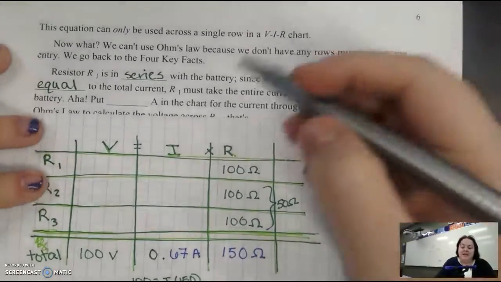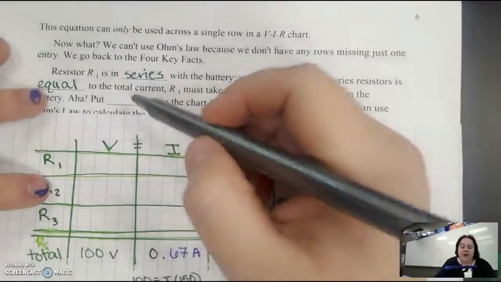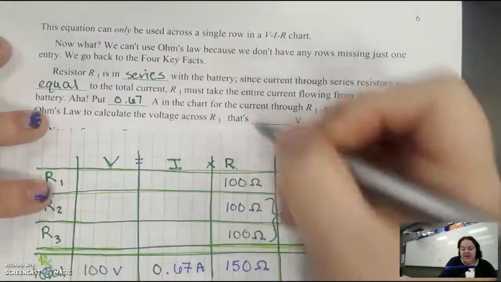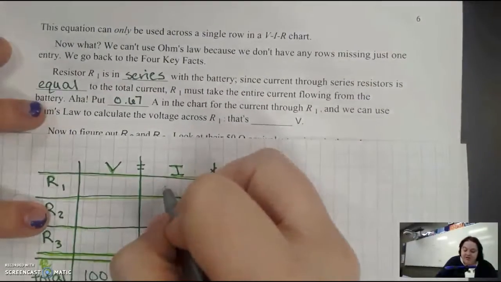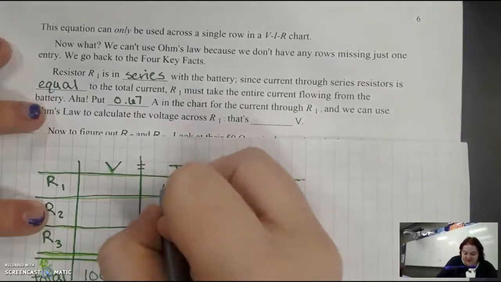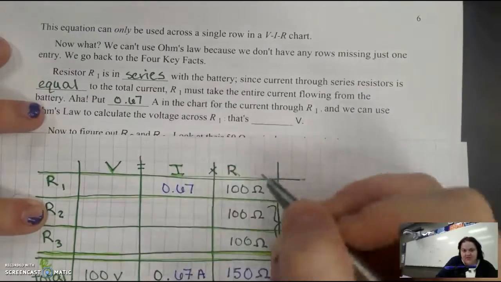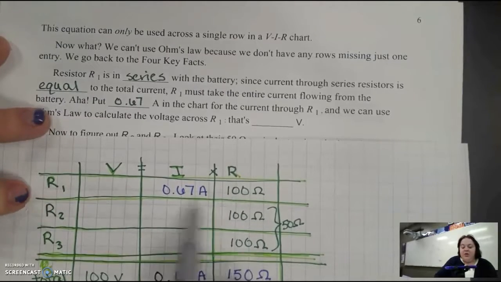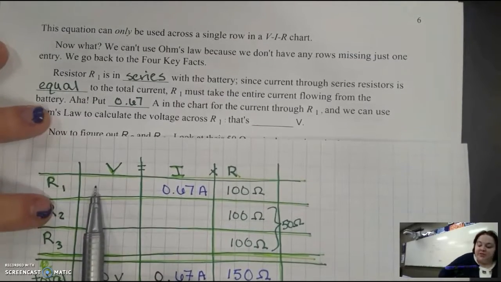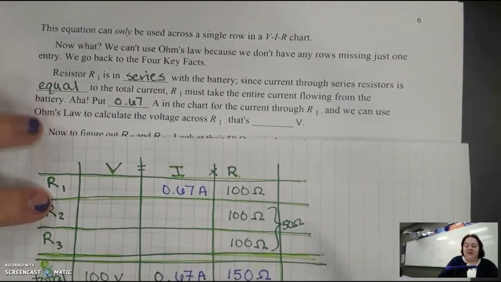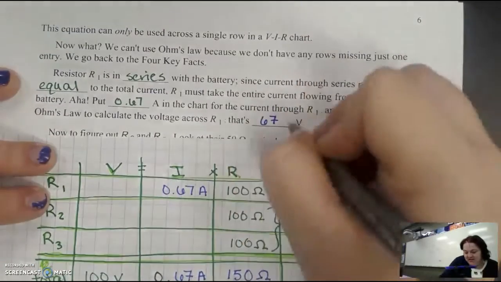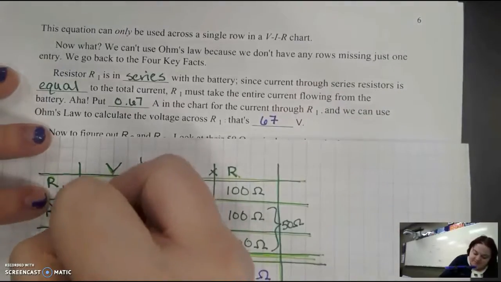R1 must take the same current flowing through the battery. Aha! So now we can put 0.67 amps as the current through R1, which then allows us to easily get the voltage here, because V is I times R. So this is 67 volts.